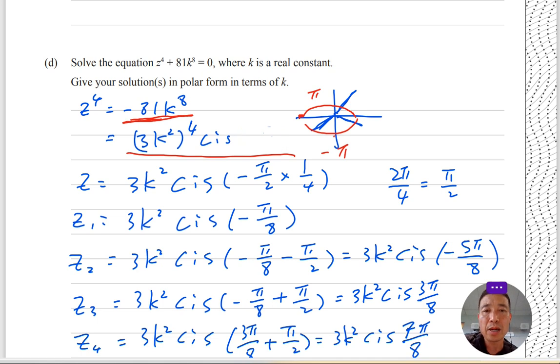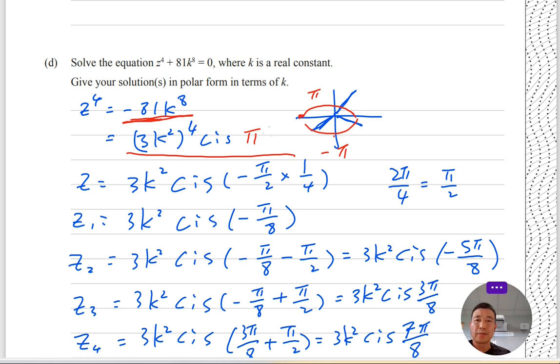So I have to say this is 3k squared to the power of 4 CIS, negative, hold on, yeah, CIS pi. Yeah, that's right.